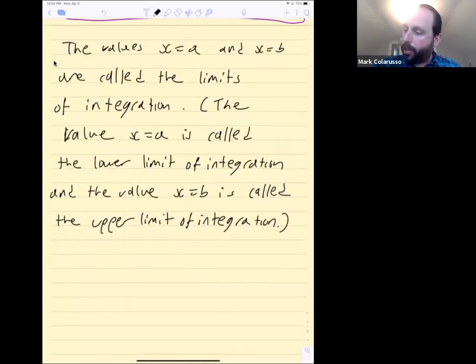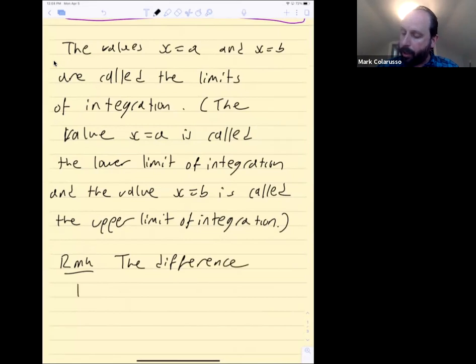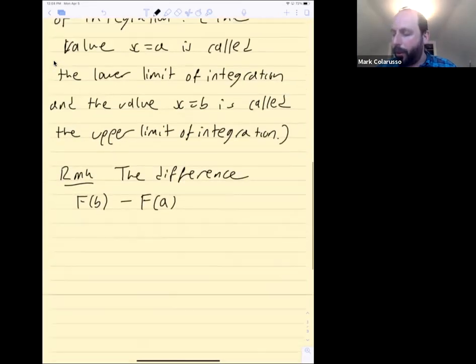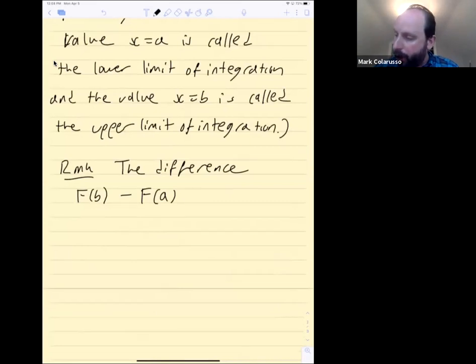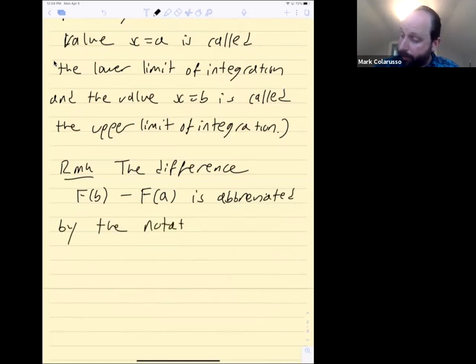Okay, so just some remarks. The difference, like I was saying, the value of capital F at b minus the value of capital F at a is abbreviated by the notation capital F of x evaluated from a to b, okay?